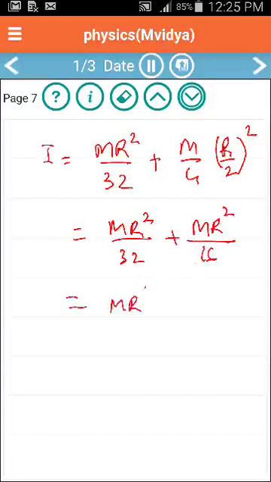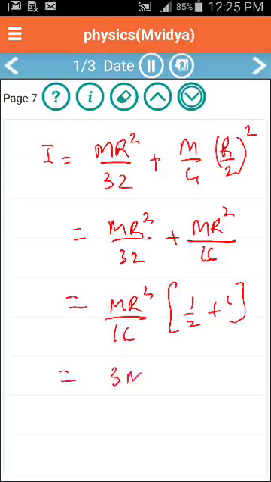If I take mr squared by 32 common, I'll get 1 plus 2, which is 3, or 3 mr squared by 32 is my I2.